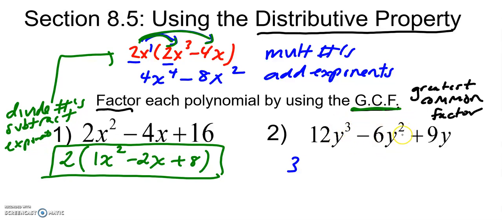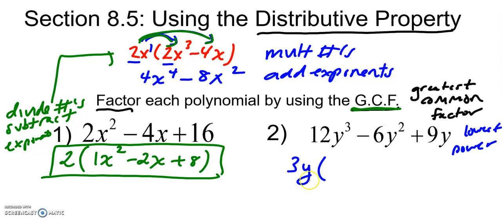Well, no, because if I don't have 3 y's here, I can't possibly take out 3. Can I take 3 y's out of 1 y? No. So, funny enough, a pattern starts existing that you're going to take out the lowest power. So in this case, the lowest power that I see is just y to the first.